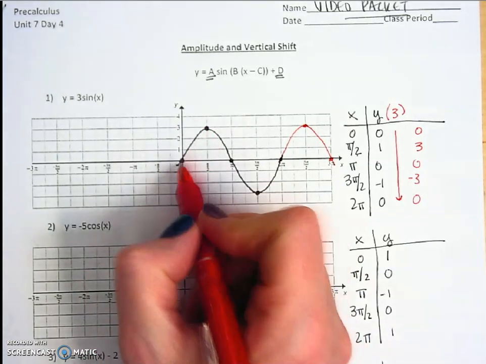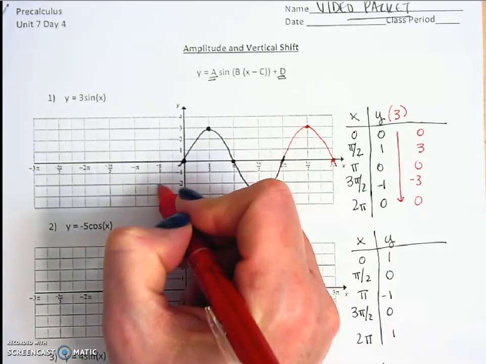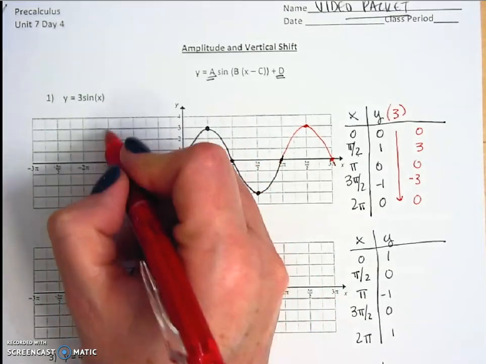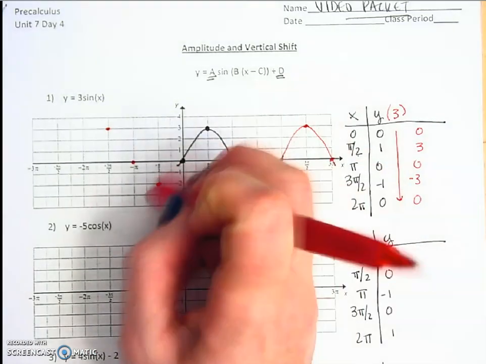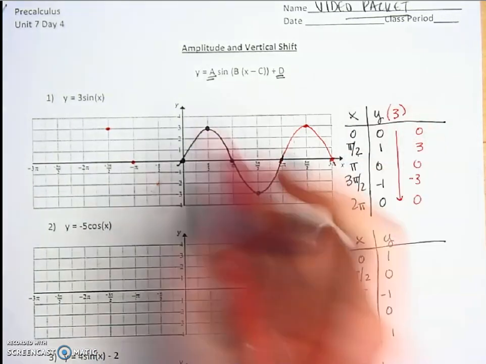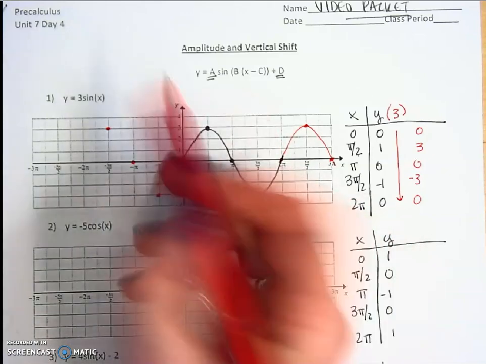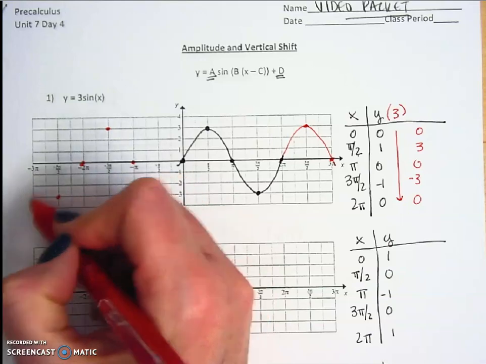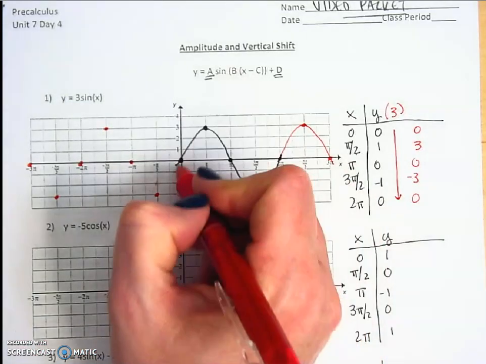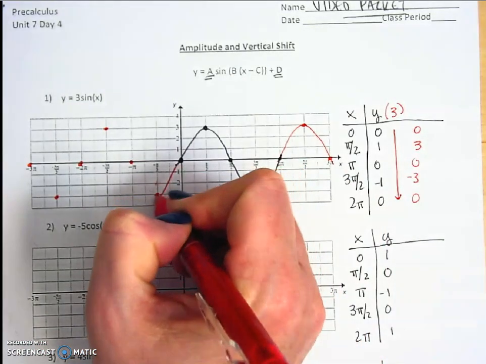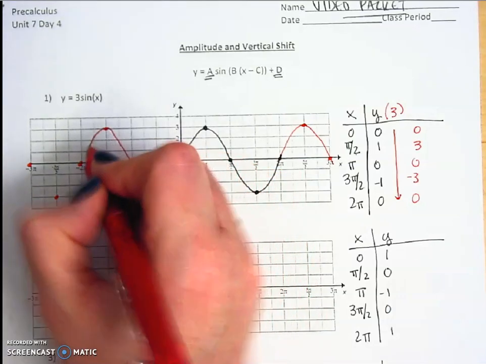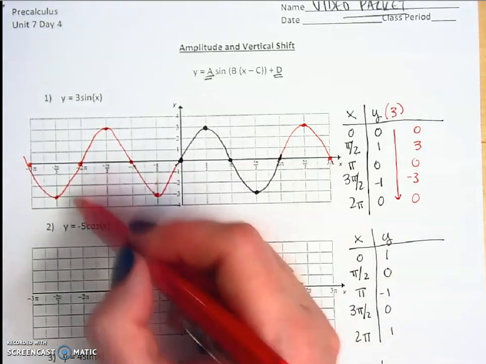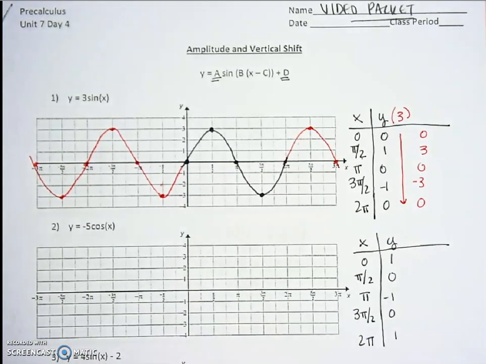So I'm at the midline, over and down, over midline, over max, over midline, over min, over midline. Remember to connect them with as much of a smooth curve as you can. Try not to do a jagged connecting.